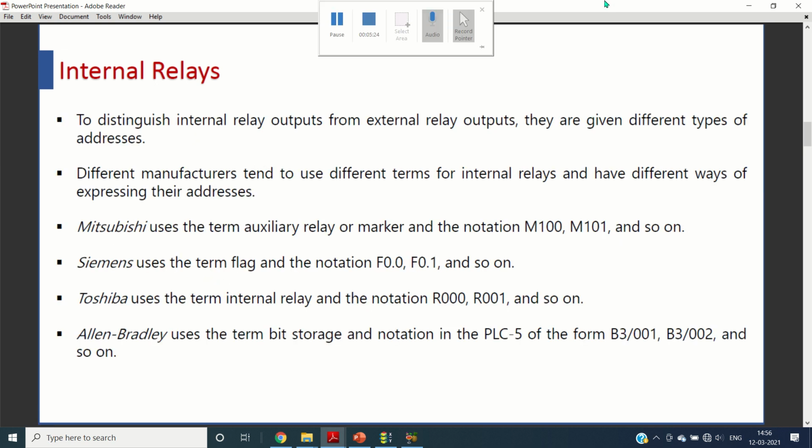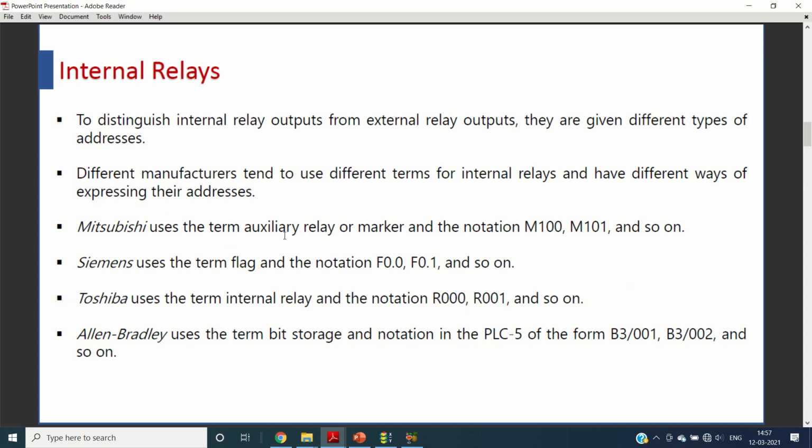Now there is a requirement that we can distinguish the internal relay output from the external relay output. Since their symbols are exactly identical, there is a clear necessity that we are able to distinguish between an internal relay and an external relay in a ladder diagram. Different manufacturers use different terminology.